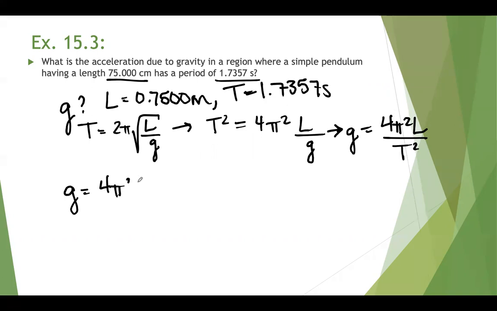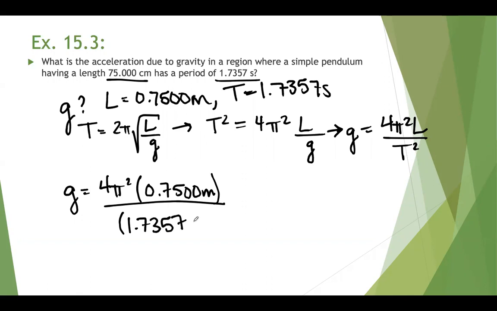So let's put this in here. We have L equal to 0.750 meters, over T, which is 1.7357 seconds, and square that. Okay, so we just need to put that into our calculators.